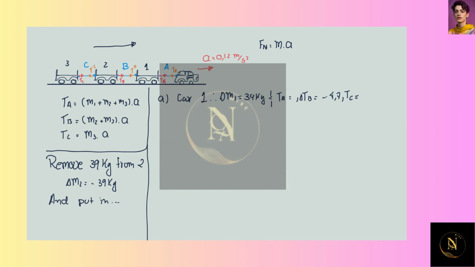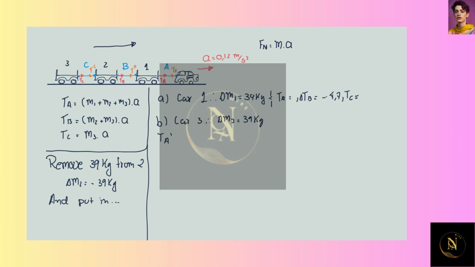In the next item, instead of moving the luggage to car number 1, we move the luggage to car number 3. Then delta M3 is equal to 39 kilograms. Let's see what happens to the tensions.